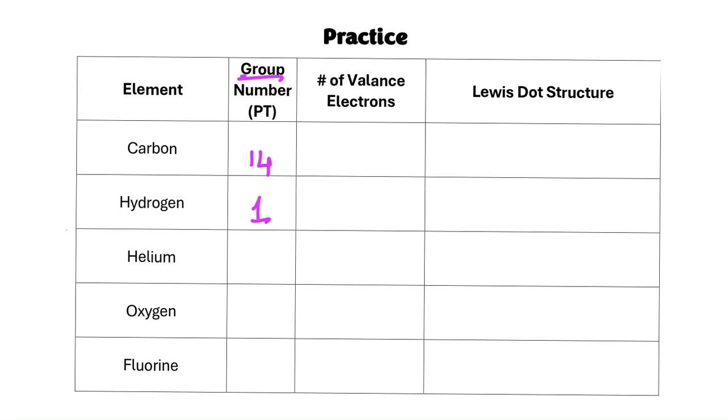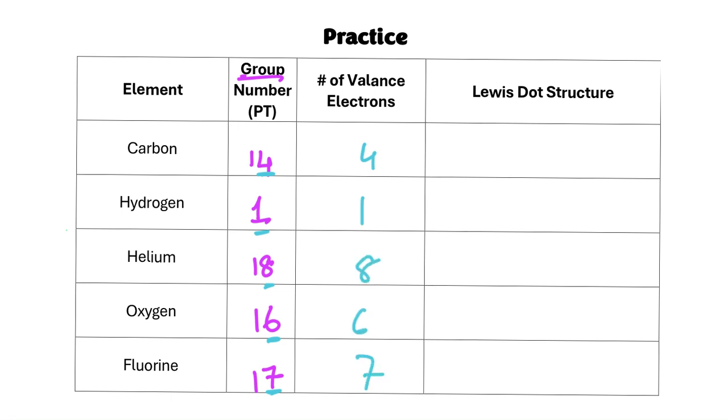Helium is present in group number 18. Oxygen is present in group number 16. Fluorine, 17. And how would we know how many valence electrons it has? We are going to look at the ones digit. Now it has 4, 1, 8, 6, 7.